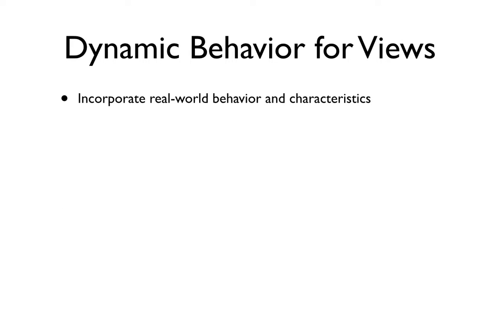Now, speaking of animation, with iOS 7 we have a new way to do animation. It's called dynamic behavior for views. It basically mimics real-world effects or characteristics for views, like bringing a physics engine to the application UI, I would say.